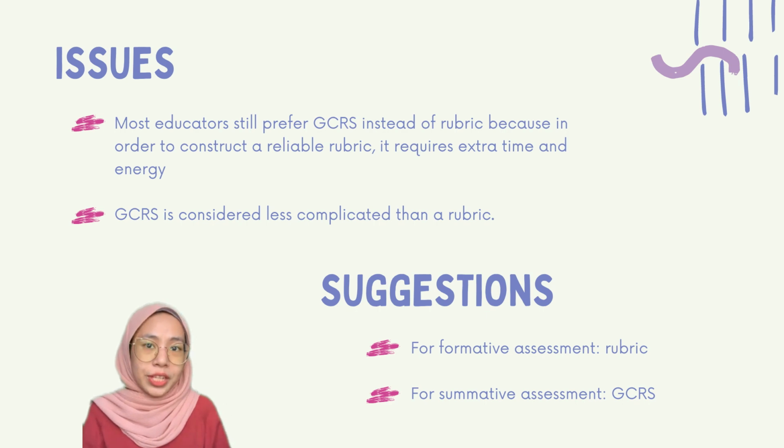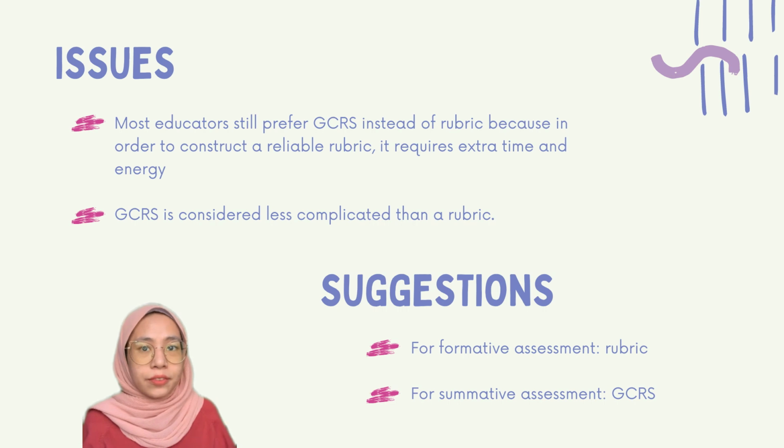What are the common issues that revolve around this type of grading tool? Firstly, most educators still prefer the GCRS, graded category rating scale, because in order to construct a reliable rubric, it requires extra time and extra energy. And apart from that, GCRS is considered to be less complicated than rubric.